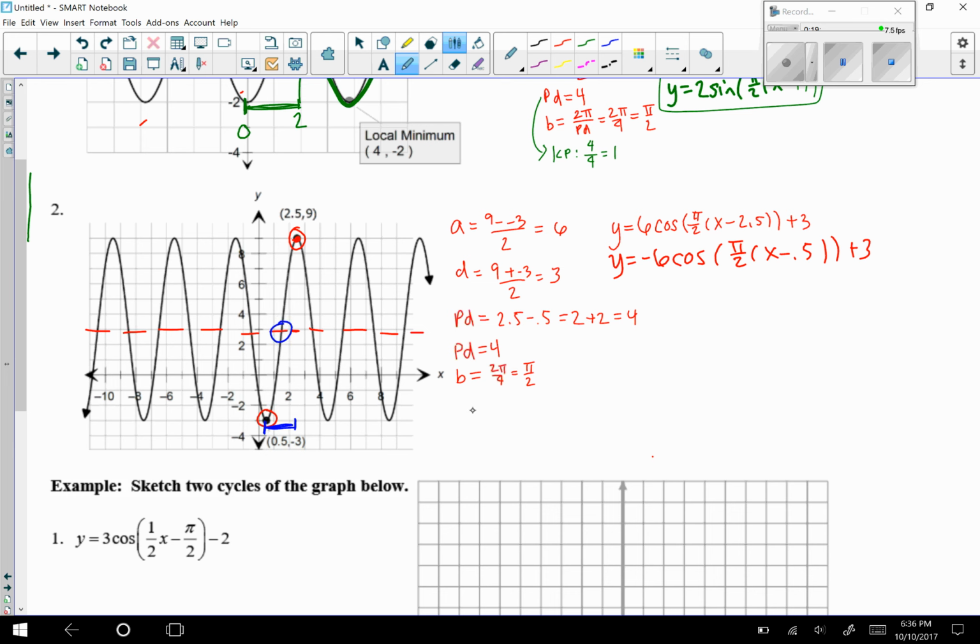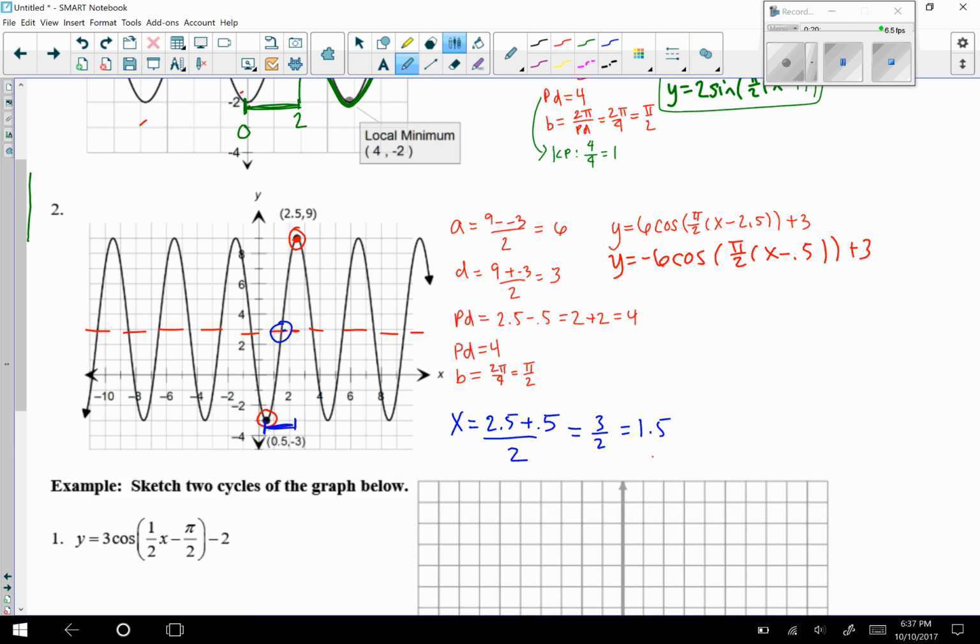So the x value of our sine graph would be 2.5 plus 0.5, divided by 2, because you're looking at the point in between those two points. When I do that, I get 3 over 2, which is equal to 1.5 as a decimal. That makes sense because you can see here at about 1.5, we have our sine graph starting.